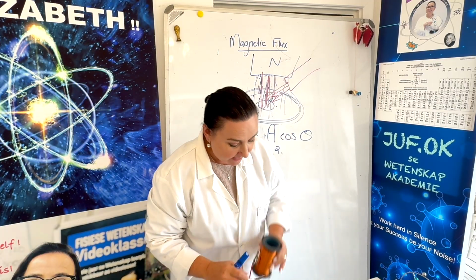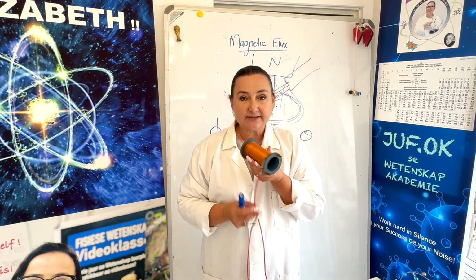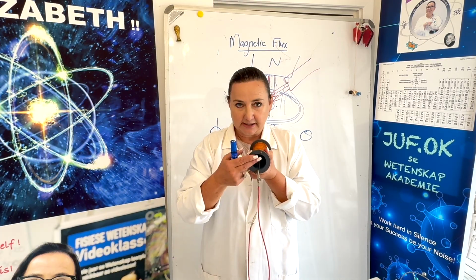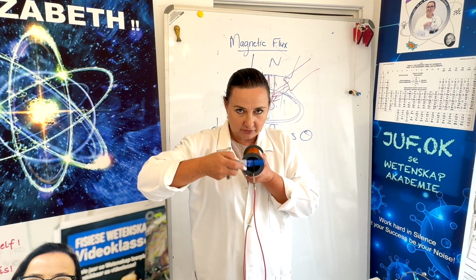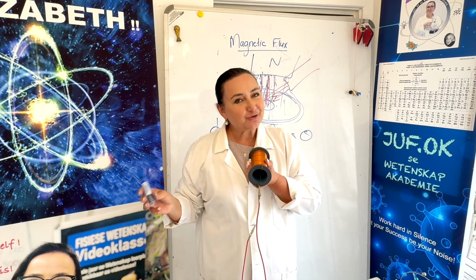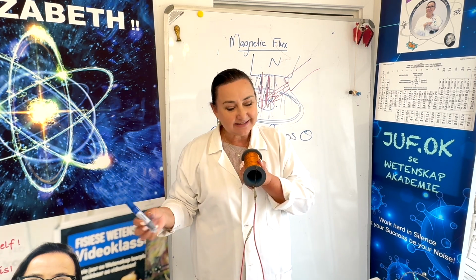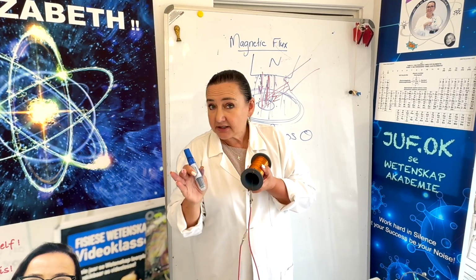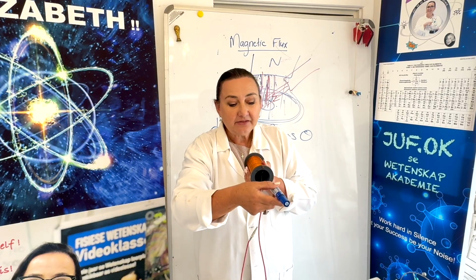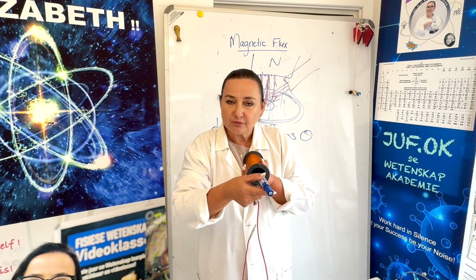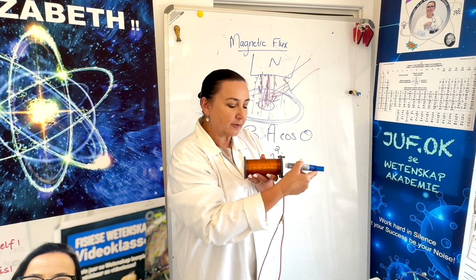If I have my magnetic opening here, this is my coil, my solenoid, and I've got my opening there. And this is my area, that circle. Then my normal, like we've already learned with forces, is going to be a line, of course, that I can't see, a line that is perpendicular to the area with a 90-degree angle.